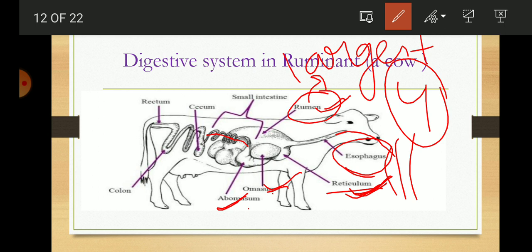Thereafter, at the last part of the small intestine, there is a broader region, the cecum, and then it passes through the colon and at last reaches the rectum of the digestive tract, and thereafter the food goes out from the body of the cow or ruminant. So this is about the digestive tract, which starts from the mouth and ends with the rectum of these animals.